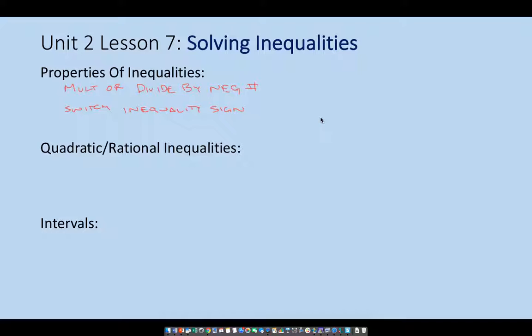So if you had greater than, it would become less than. If you had less than or equal to, it would become greater than or equal to. And that's the number one property that you're going to need to keep in mind today.